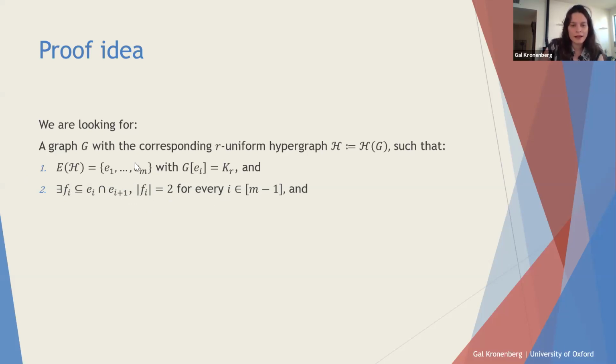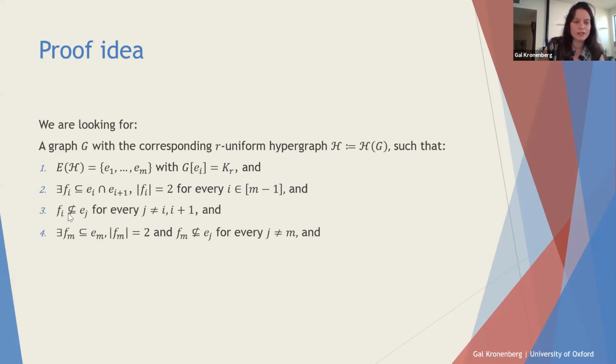For everything until the almost final step, and of course, we also need to take care of the final step. But the important part will be that this edge does not belong to any other hyperedge. Okay, it belongs only to these two hyperedges.